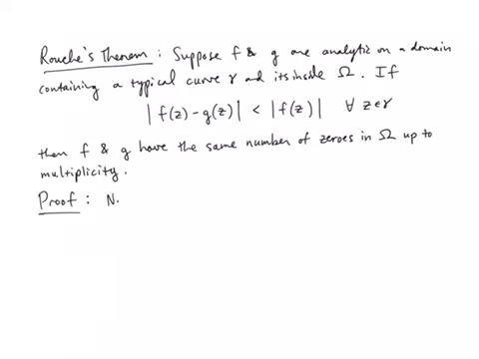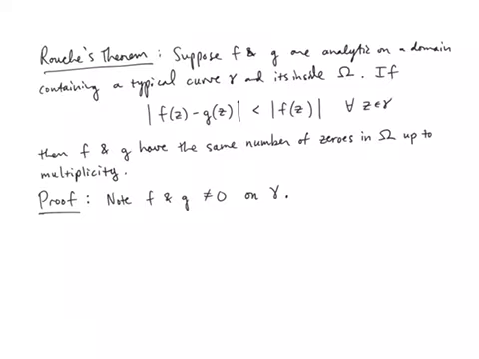So first note that f and g are not equal to 0 on gamma. f can't be equal to 0 on gamma, because you see that the norm of f is strictly greater than 0 along gamma just by the assumption. Okay, so that's for f. And then for g, if g were equal to 0 on gamma, then plugging that into this inequality would say that f at that z is strictly less than f at that z, and that doesn't make any sense. Okay, so both of our functions are not 0 on gamma.